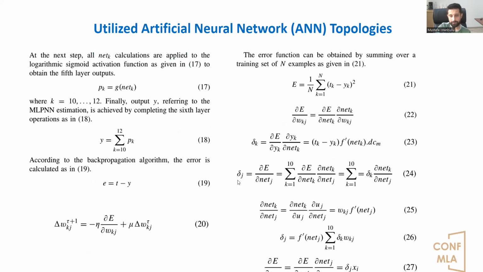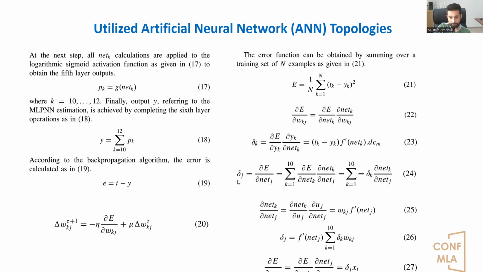At the next step, all net calculations are applied to the logarithmic sigmoid activation function as given in equation 17 to obtain the fifth layer outputs. Finally, output y, referring to the MLPNN estimation, is achieved by completing the sixth layer operation as given in equation 18.